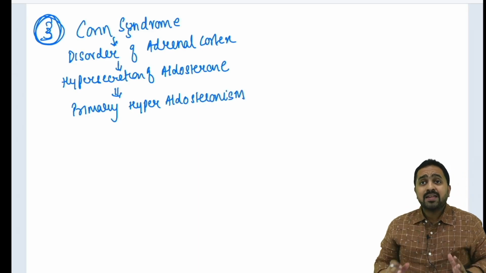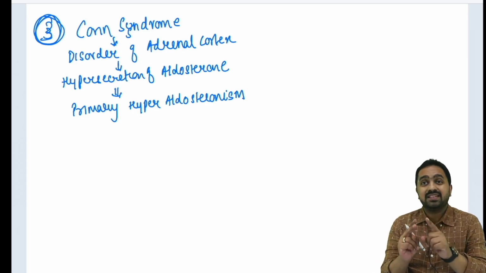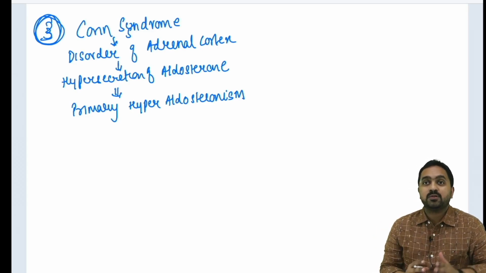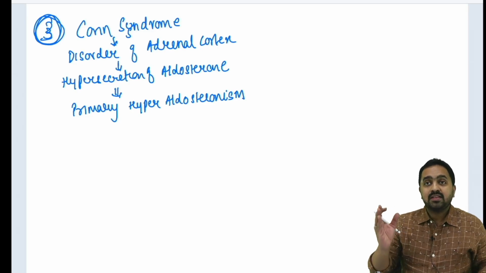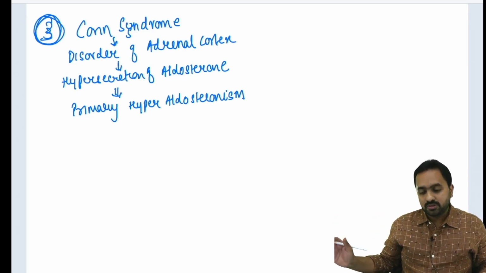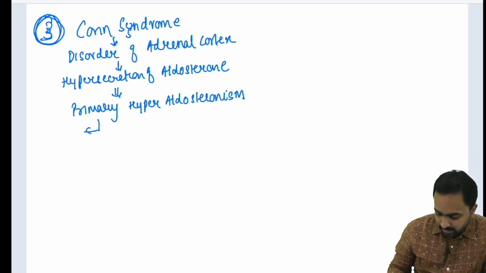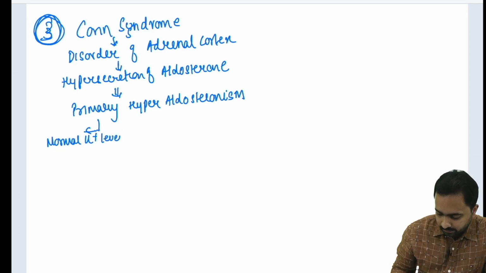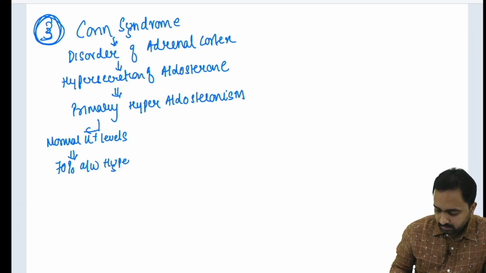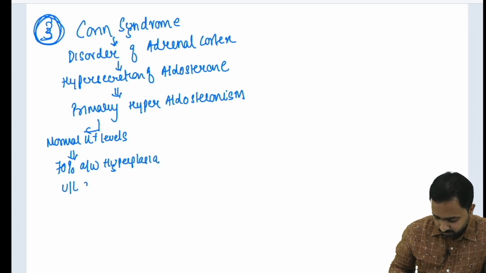Now, primary hyperaldosteronism has basically two varieties. One when it presents with a normal potassium level, and the other when it presents with low potassium levels. So, in case of normal potassium level, around 70% is associated with hyperplasia and the rest are present with unilateral adenoma.